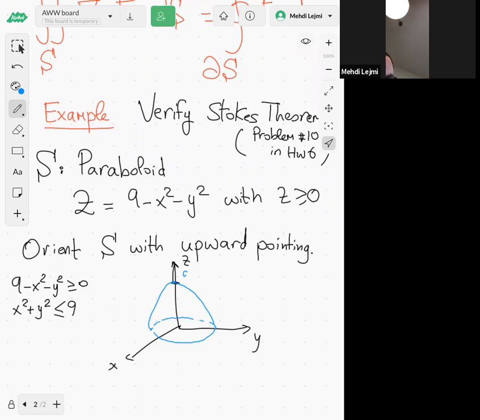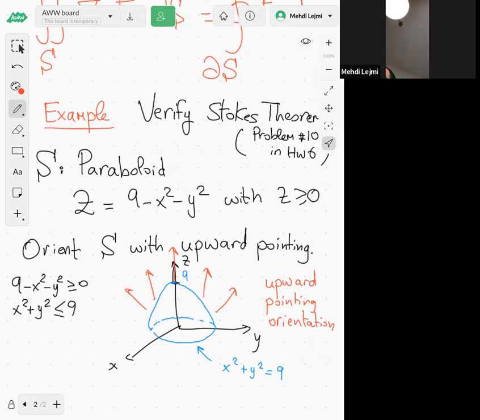This circle on the xy plane is when z is 0. So that's x squared plus y squared equals 9, right? And anyway, we need to orient S with upward pointing, so it's an upward orientation, right?